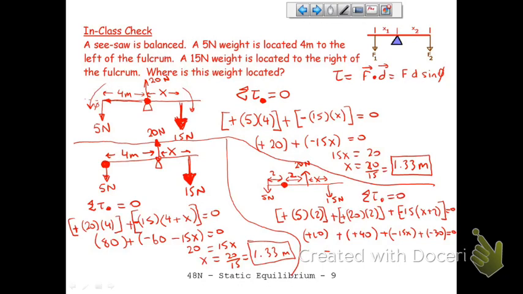So 15x is equal to 10 plus 40, let's turn that to the other side, 10 plus 40 minus 30, which equals 50 minus 30, which is 20. 15x is equal to 20. x is equal to 1.33 meters. So again, we get the same answer. We always get the same answer.